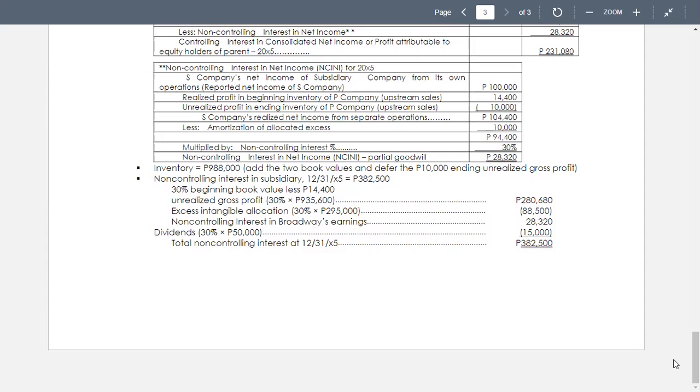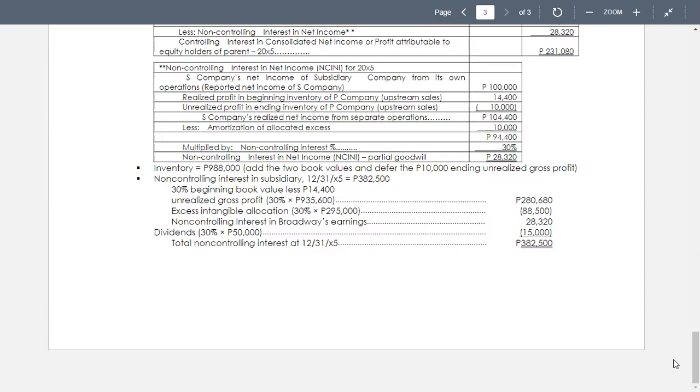Then we add the non-controlling interest in net income, 240,300, add 8,700. The consolidated net income for 20x5 is 249,000.